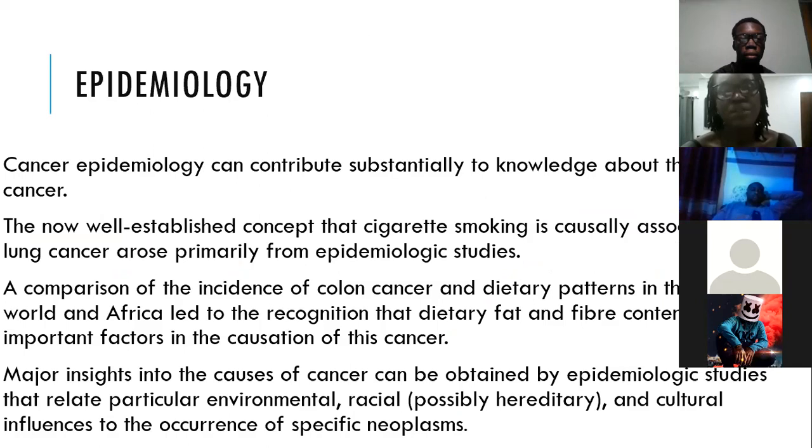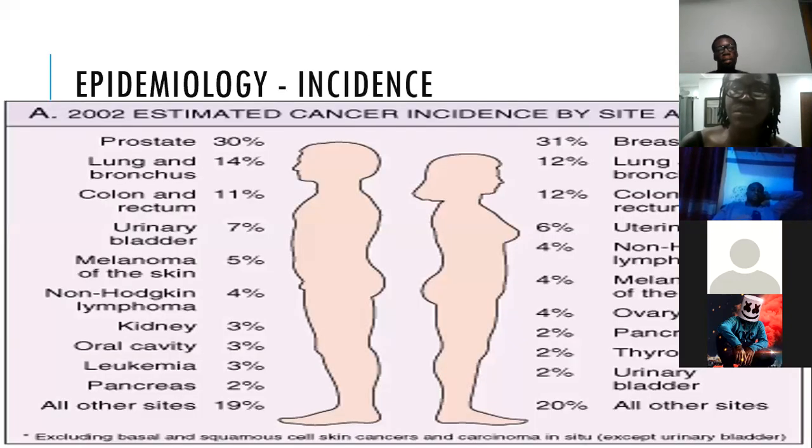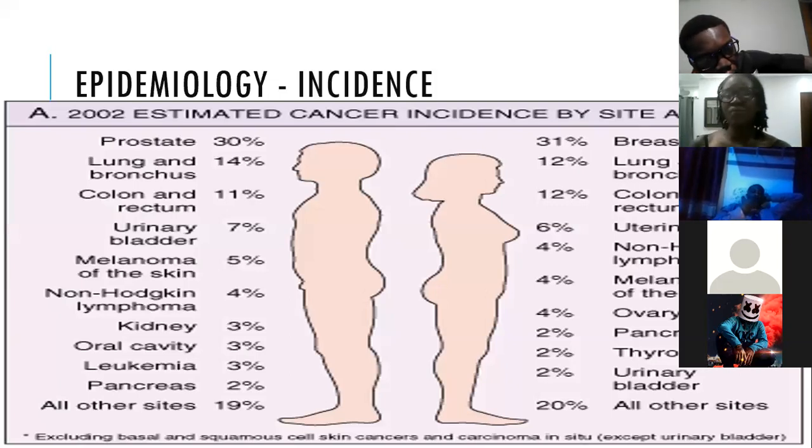Or some types of cancer are more common in a certain sex compared to the other sex, or they are more common in a certain race compared to the other race. So that's what we call epidemiology. And this is done from studying populations with cancer. Unfortunately, we don't keep very good data, so sometimes we don't even have some of these statistics.